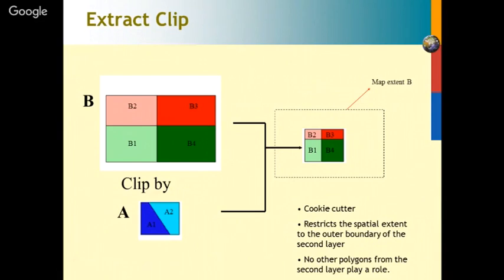The attributes of the clip by features, A1 and A2, are not reflected in your output result. The clip by feature only works in a way that it restricts your boundary extent within that range.